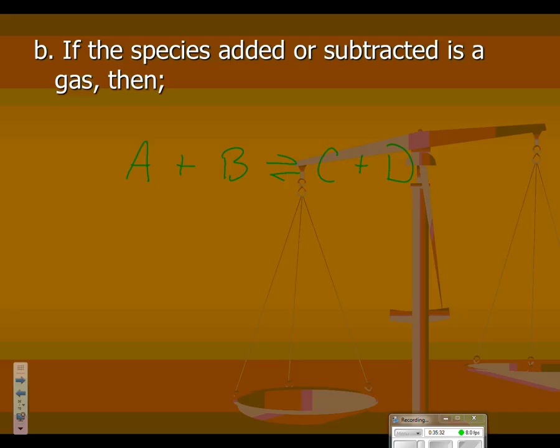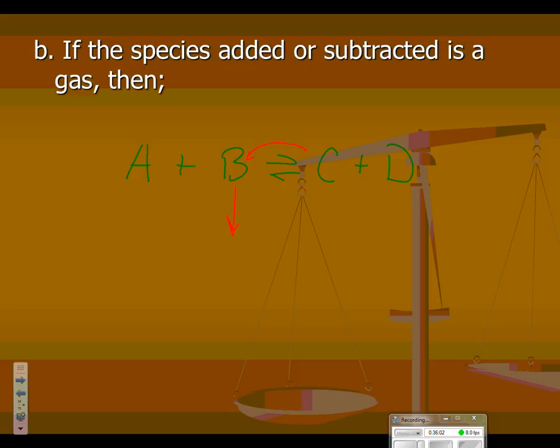I always put my arrows going down, okay? So if I put some A in, then it is going to shift this way, which is forward. So it has to keep going the direction it was going, okay? If I take some B out, the arrow still had to go this way, so it would actually have to go this way to fill the hole.